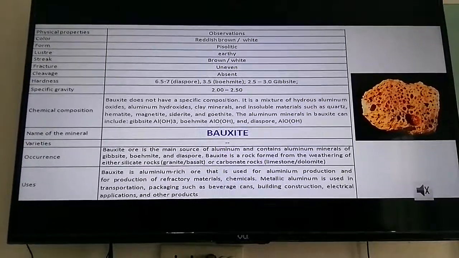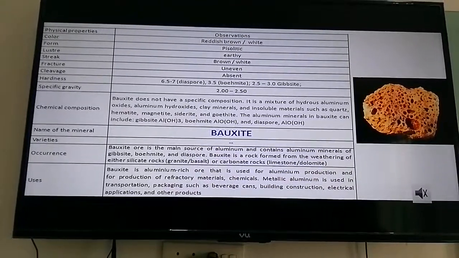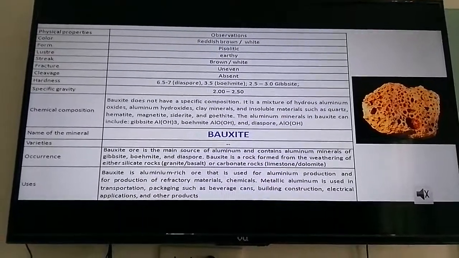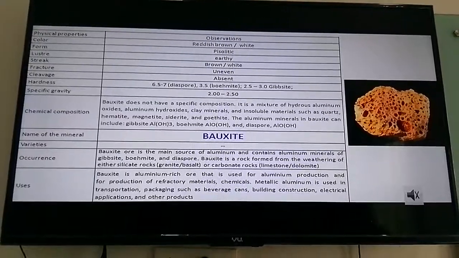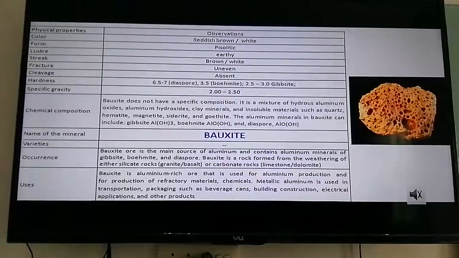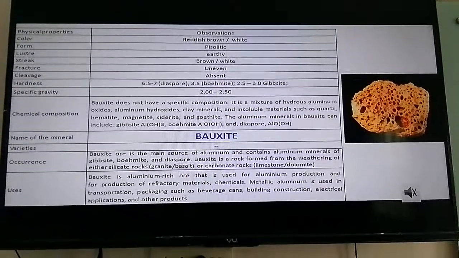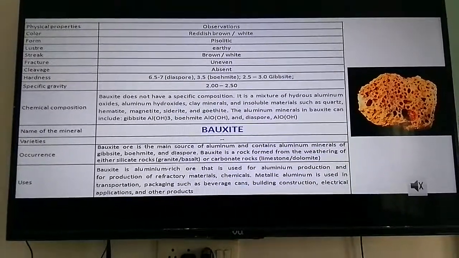Bauxite is a rock formed from the weathering of either silicate rocks, granite or basalt, or carbonate rocks. However, we can consider this also as an economic mineral because the maximum aluminum content is obtained from this rock. Bauxite is a rock, but we are treating it as an economic mineral.